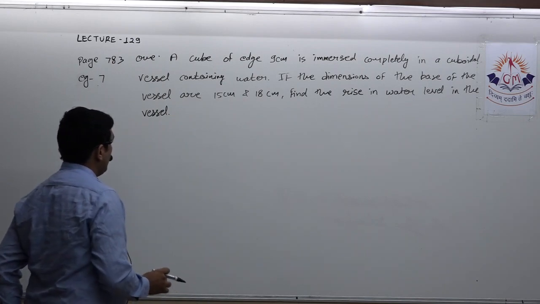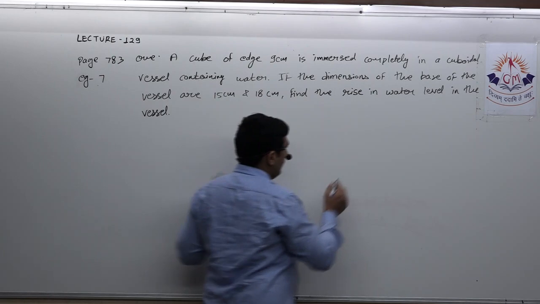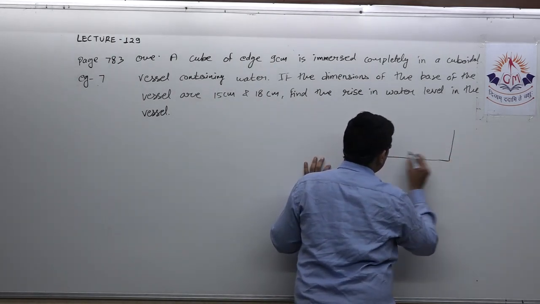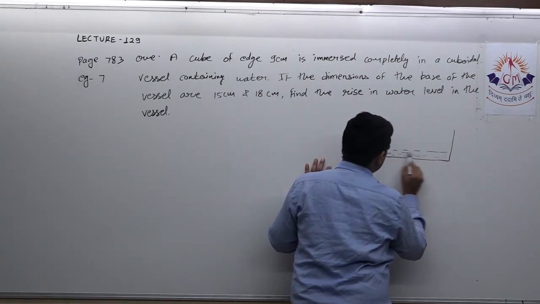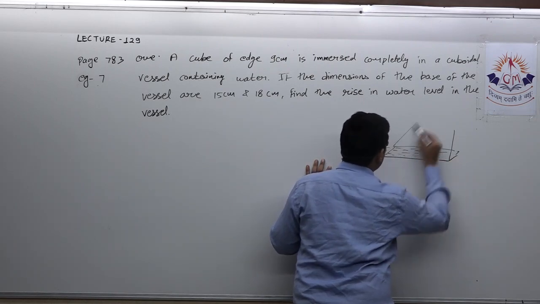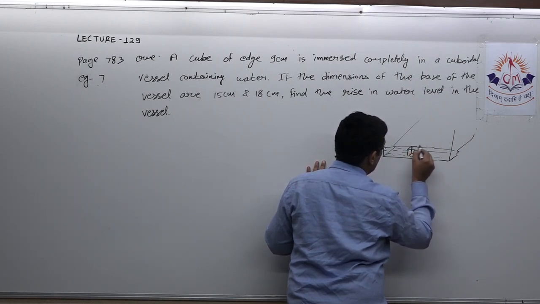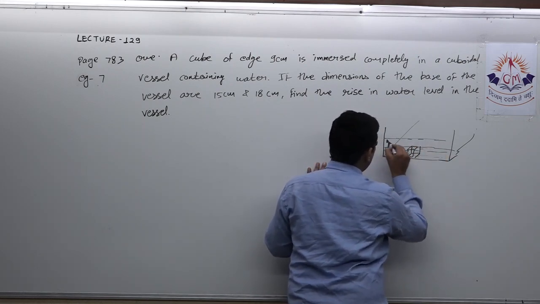So there is a cube of edge 9 centimeter. Suppose I draw the diagram, it is something like this. Suppose this is a cuboidal tank, and obviously its length and breadth are given to us. Now there is a small cube kept inside this, so definitely its water level goes up.